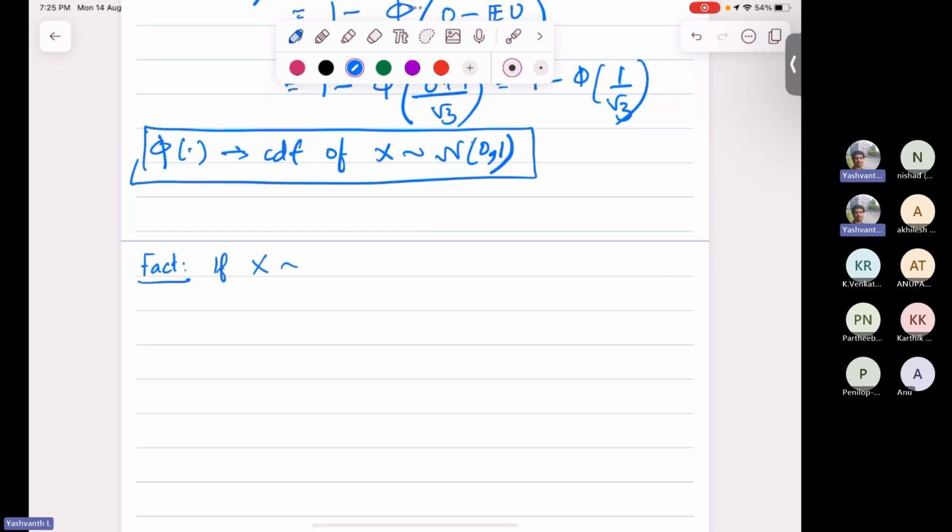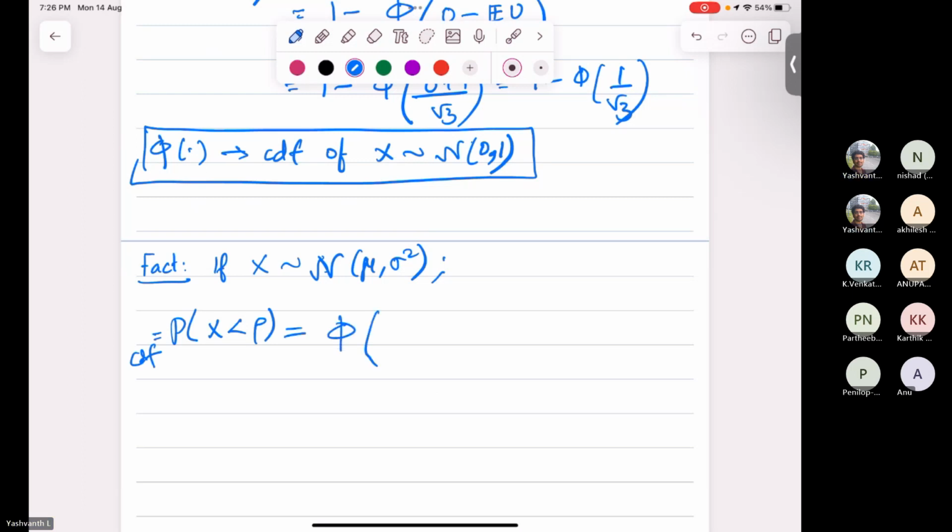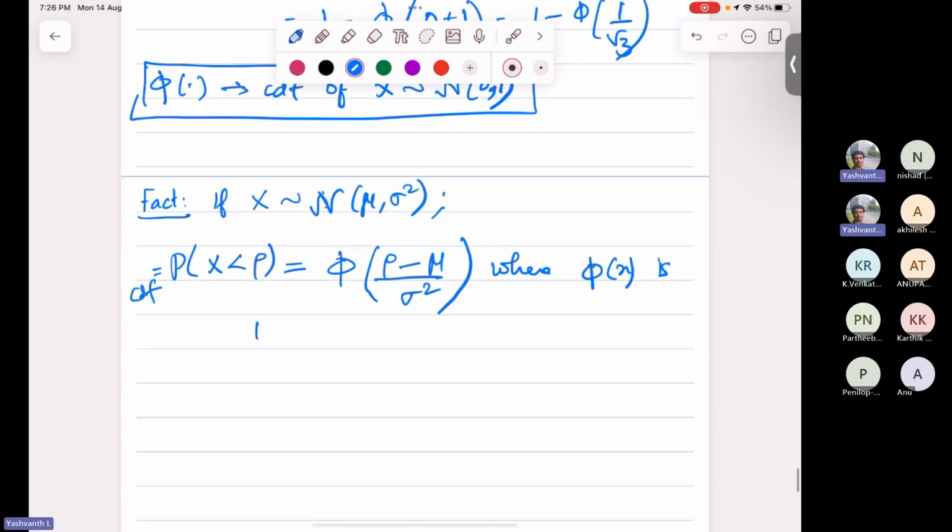If x is a Gaussian with mean mu and variance sigma square, then P of x less than rho, which is nothing but the CDF, is the same as phi of rho minus mu by sigma, where phi of x is the CDF of y, which is normal 0 comma 1.